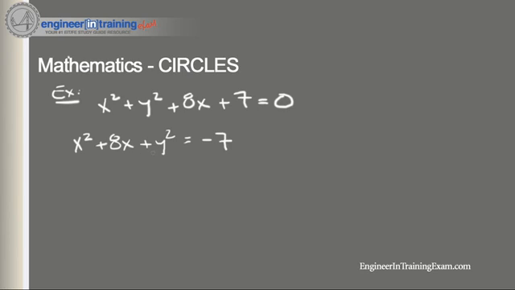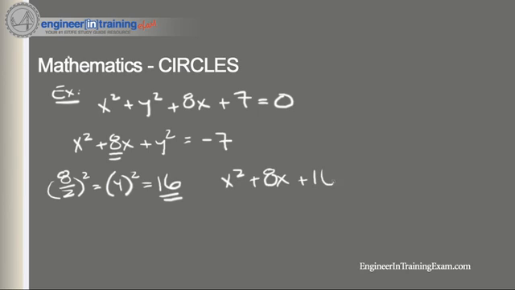So that is the only variable that we need to complete the square of. So let's recall, to complete the square, we take half the coefficient of x and square it. So we'll go 8 divided by 2 squared, which is equal to 4 squared, which is equal to 16. So now we add this term to both sides of the equation. So we get x squared plus 8x plus 16 plus y squared is equal to -7 plus 16.